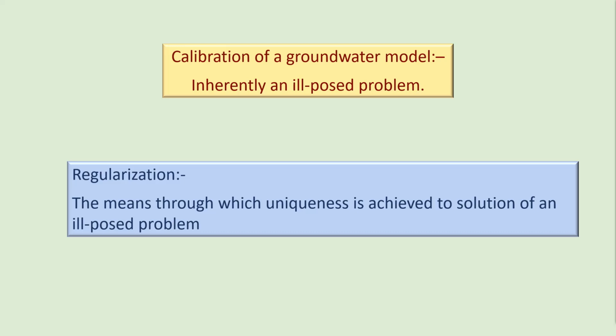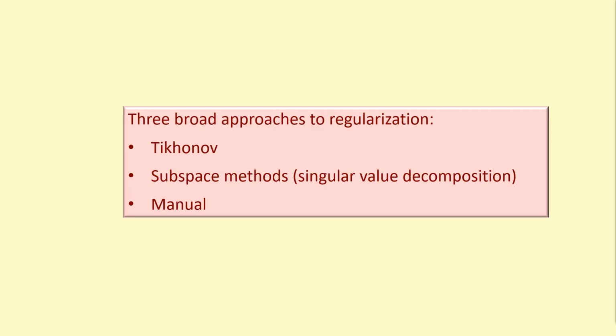To achieve a unique solution to a fundamentally ill-posed inverse problem, we have to adopt a strategy that is referred to as regularization. Regularization, then, is the term that mathematicians give to whatever it takes to achieve uniqueness of solution of an inverse problem which is fundamentally ill-posed.